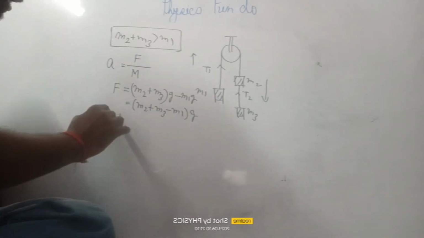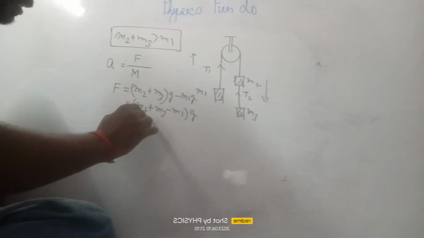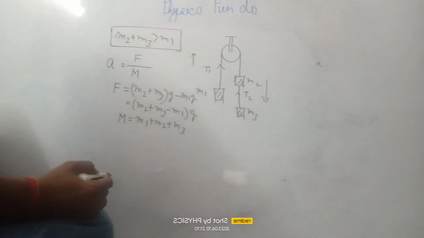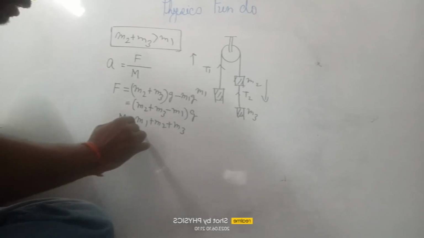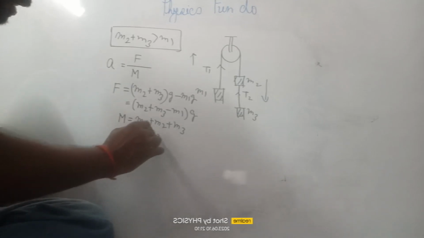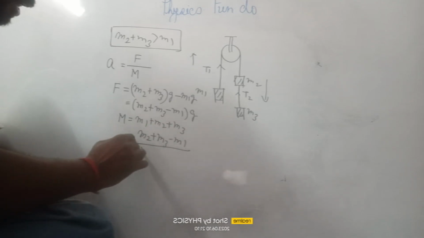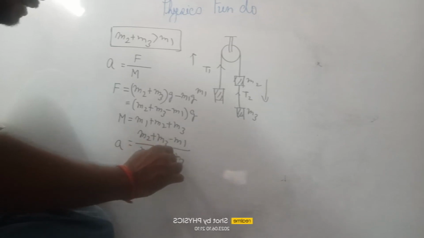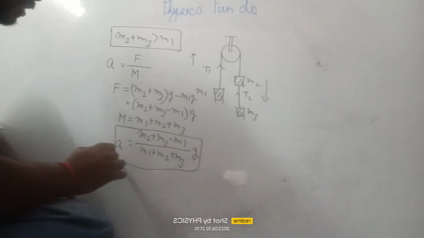The total mass is m1 plus m2 plus m3. So the acceleration becomes a is equal to (m2 plus m3 minus m1) by (m1 plus m2 plus m3) into g, which is the acceleration of the system.